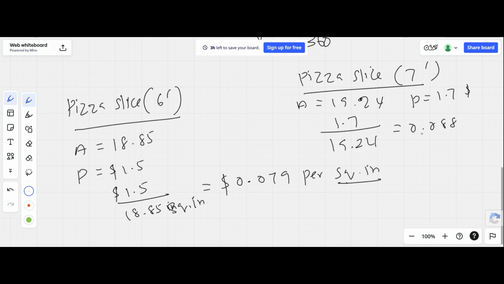So you have to spend $0.088 per square inch. Now you can see this is 0.079 and this is 0.088. So this one is a better deal. The second slice has a larger area, but when you compare the deals, this one is better.